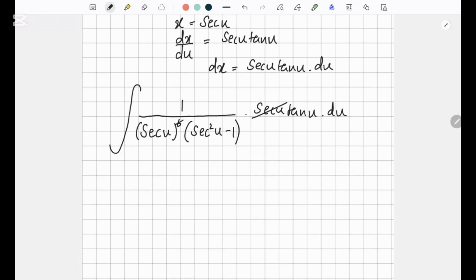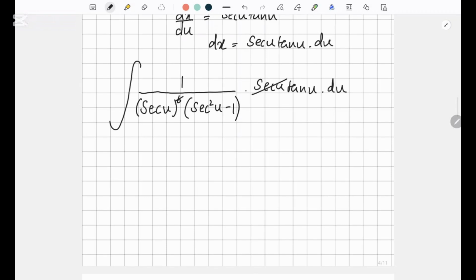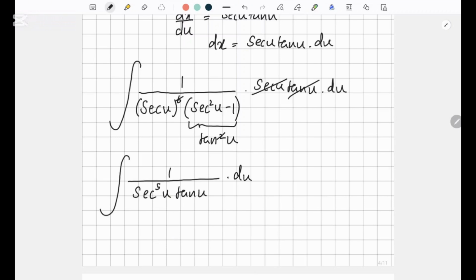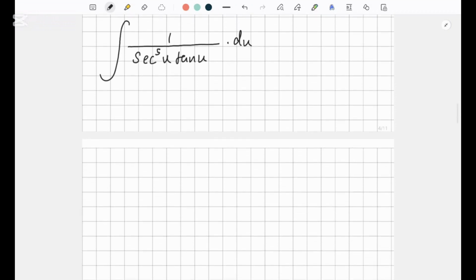I'll just write it like that for now. And this would be tan squared u, right? You could cancel off with tan u and you'll just end up with 1 tan u, right? So you have 1 over sec u to the power 5 into tan u, right? I hope you all understood this. If you guys have any doubts, please drop a comment. I'll help you guys out.